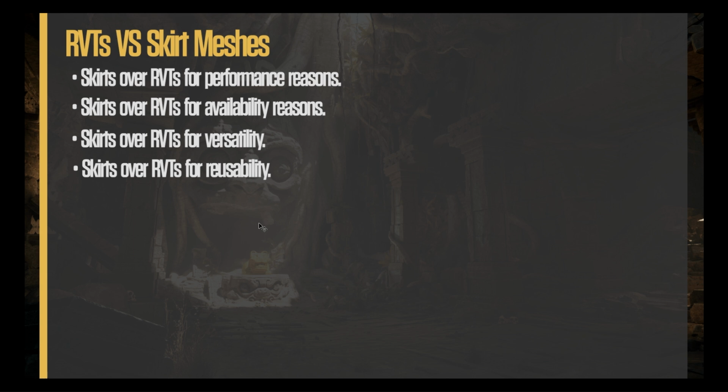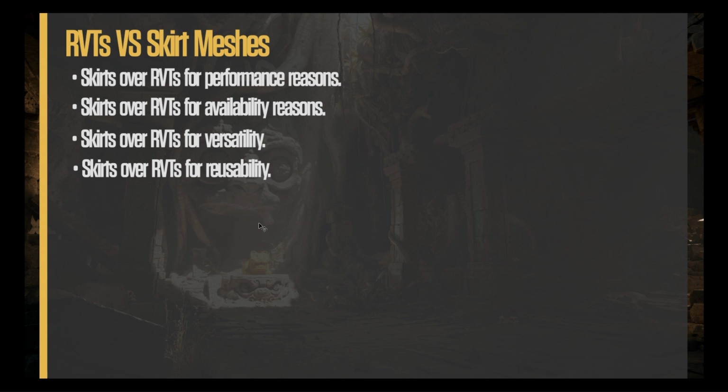I personally prefer scat meshes because of performance issues, because the runtime virtual texture is a bit performance intensive as it queries a lot from the GPU. So scats will always be cheaper than using runtime virtual textures, and scats will always have more than one use case. You can use them to blend not just rock pieces, you can also use them to blend architecture together.